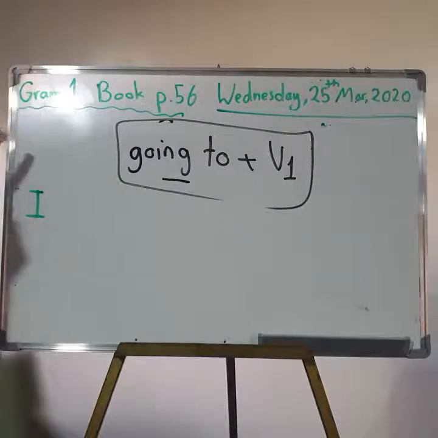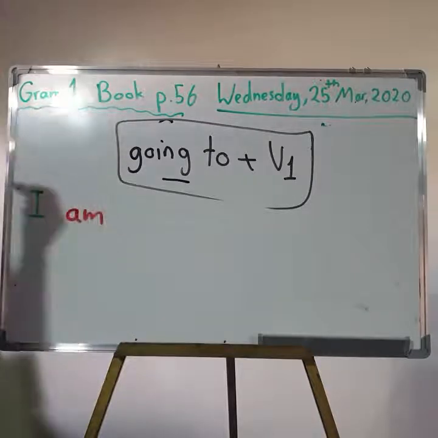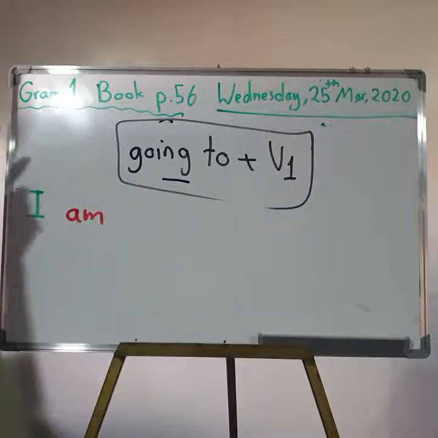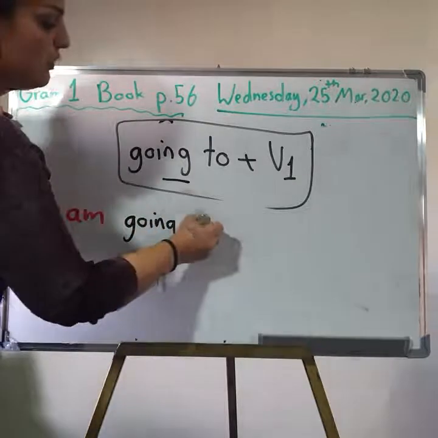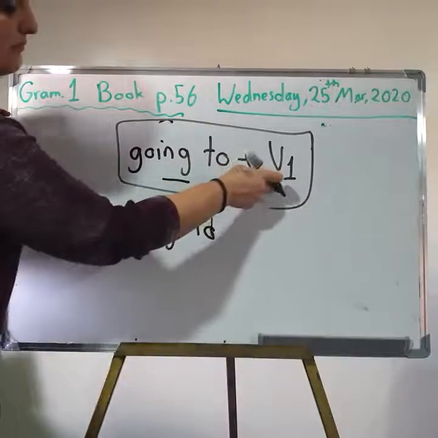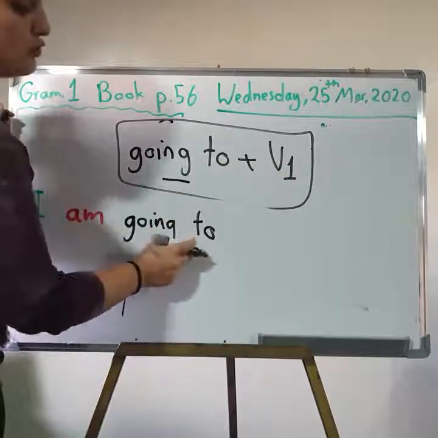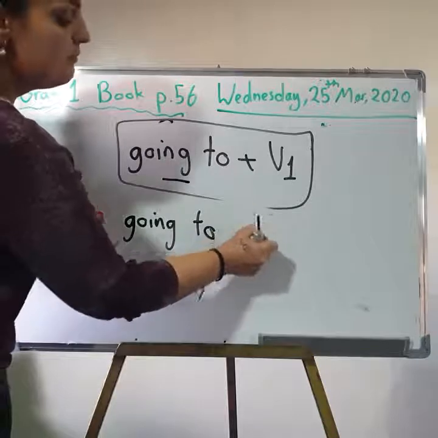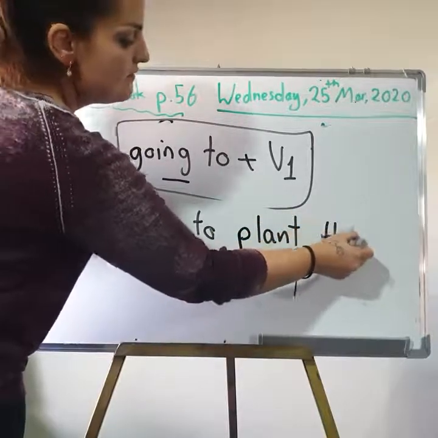The subject is I. I have to use the correct helping verb, which is am. I am going to. I use going to, and I pick an action verb, any action verb I want. I'm going to, for example, plant the seeds.